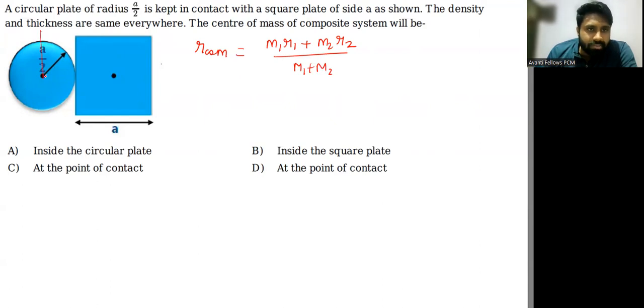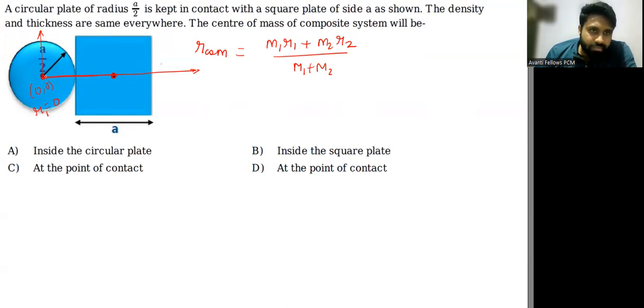We will consider the origin at the center of the circular plate. And we will consider it to be a point mass located at the center. So its center of mass is the origin itself. So r1 will become 0. But this much is the distance from the origin to the center of mass of this object.